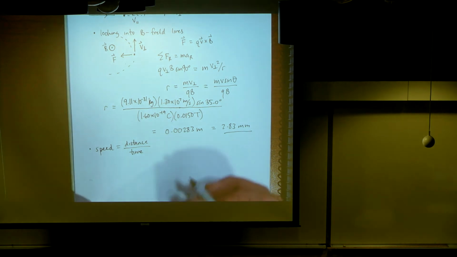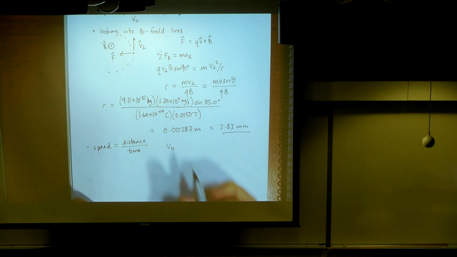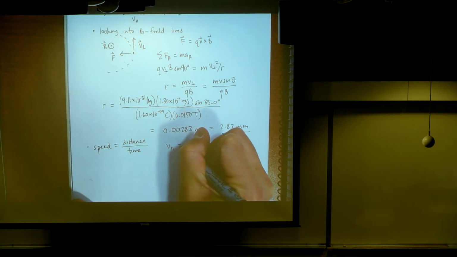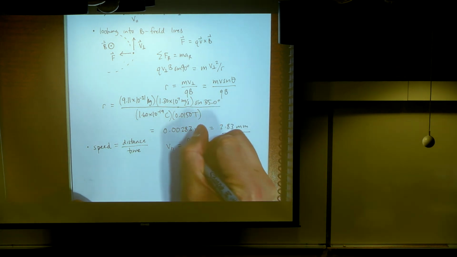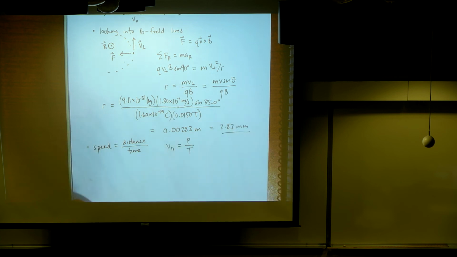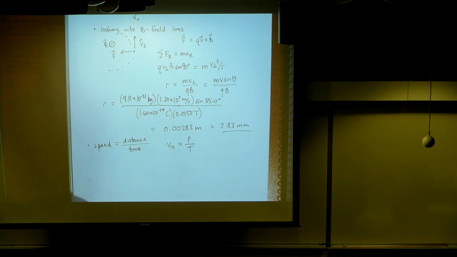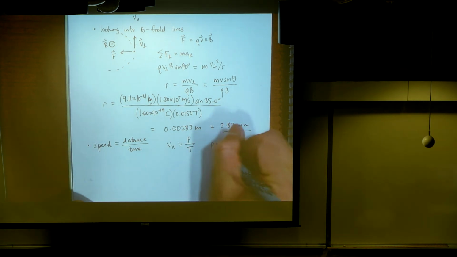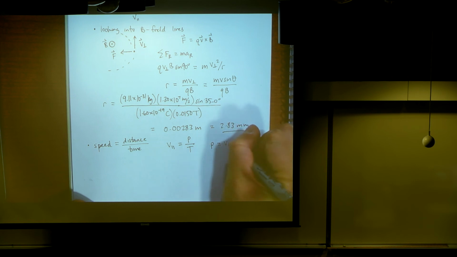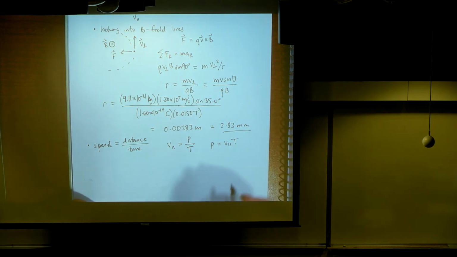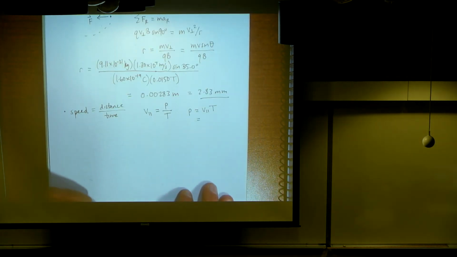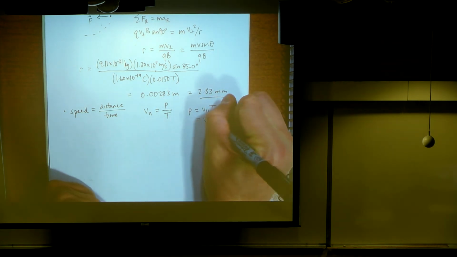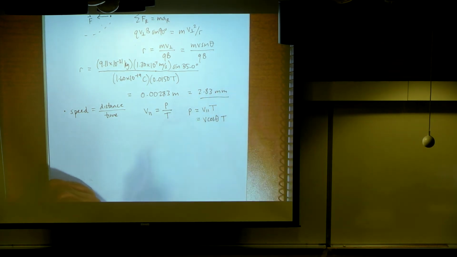So for, let's say, V parallel, the distance we travel is the pitch distance P, and the time it takes is the period. Make sense? Meaning the pitch distance is V parallel times the period T, or we go to the top of the page, V parallel was V cos theta. So it's the speed of our particle times cosine theta times T. That's our pitch distance right there.